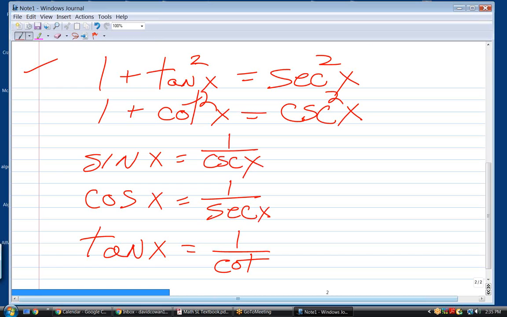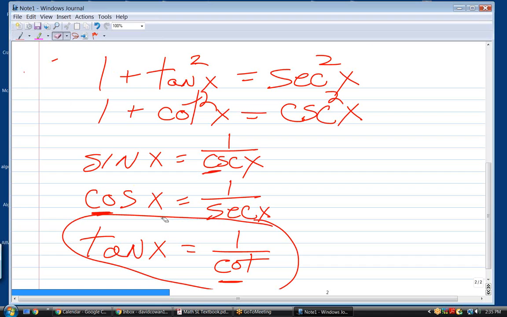There's the co, there's the co, there's the co. As long as you know the three predominant ones, you can't really get this wrong. However, these are not cofunctions.